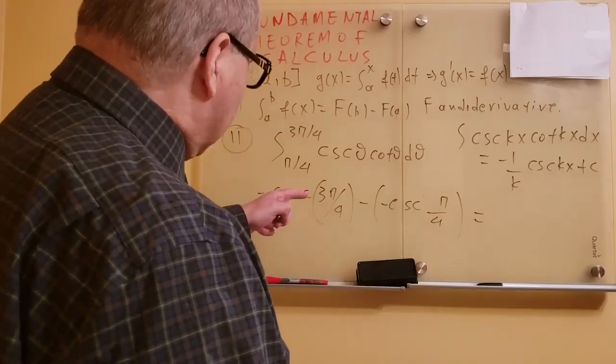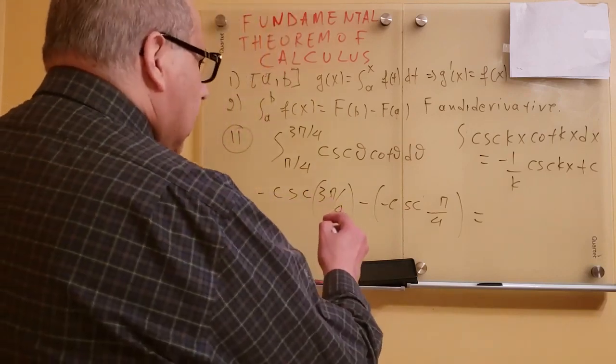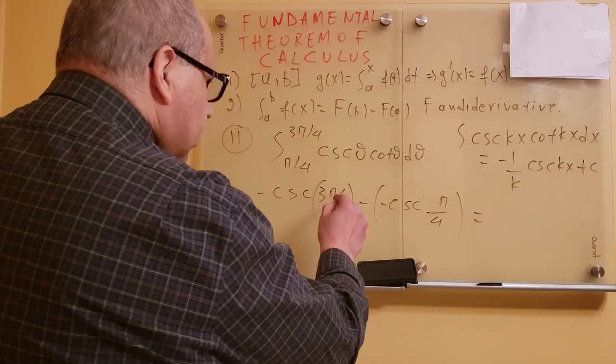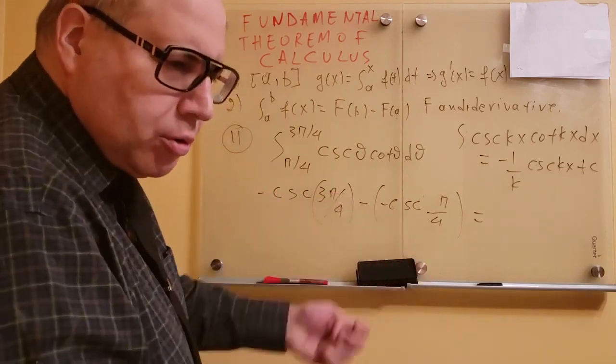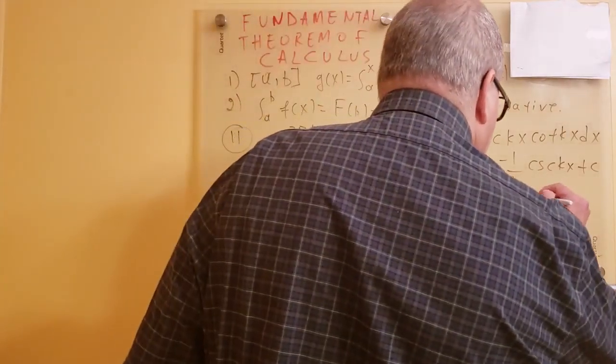Cosecant is equal to 1 over sine, so we have to find the sine of 3 pi over 4. For this you can use your calculator, but let's find it manually.